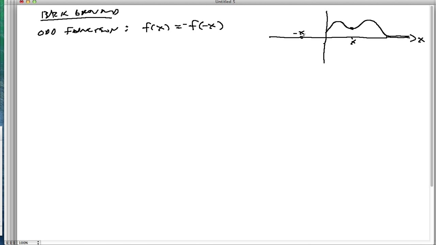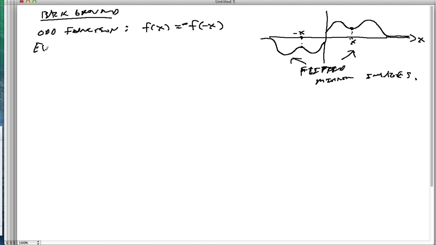It has to be that the value at negative x is the negative of the original. So if it's positive here, it has to be negative on this side. So it looks like that. Essentially there are flipped mirror images, flipped about the y-axis. So that's the definition of an odd function.